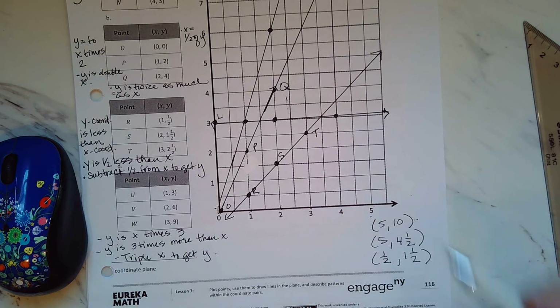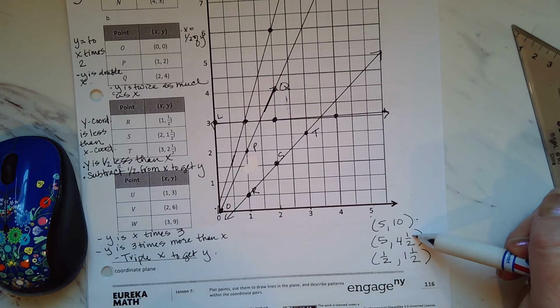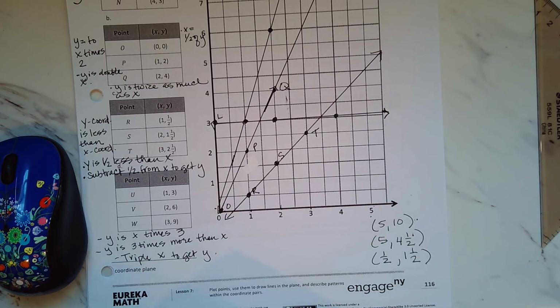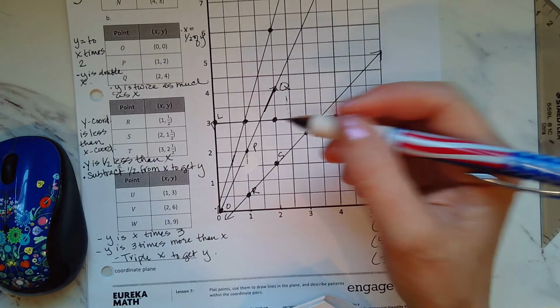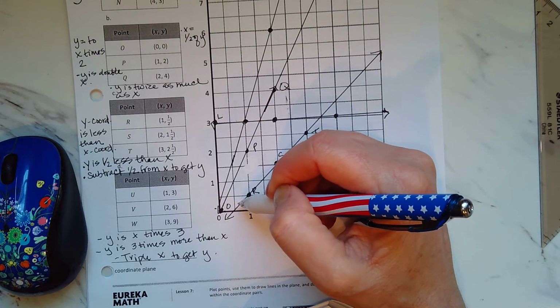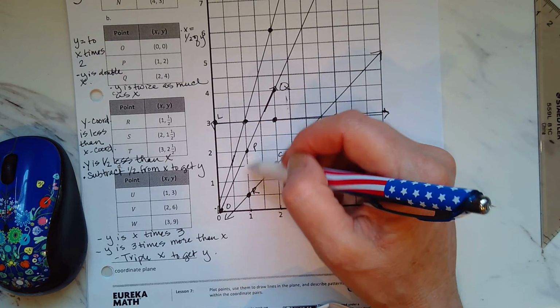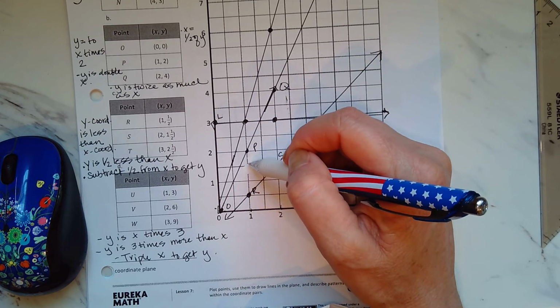Now, what about 5 and 4.5? Where would 5 and 4.5 fall? It would fall on point C, if you will, because it would be 1 and 1.5.